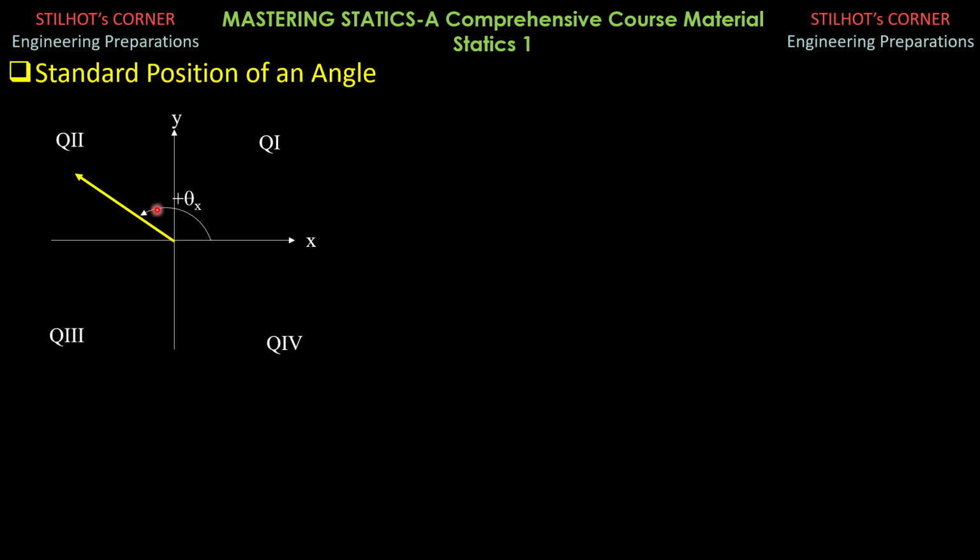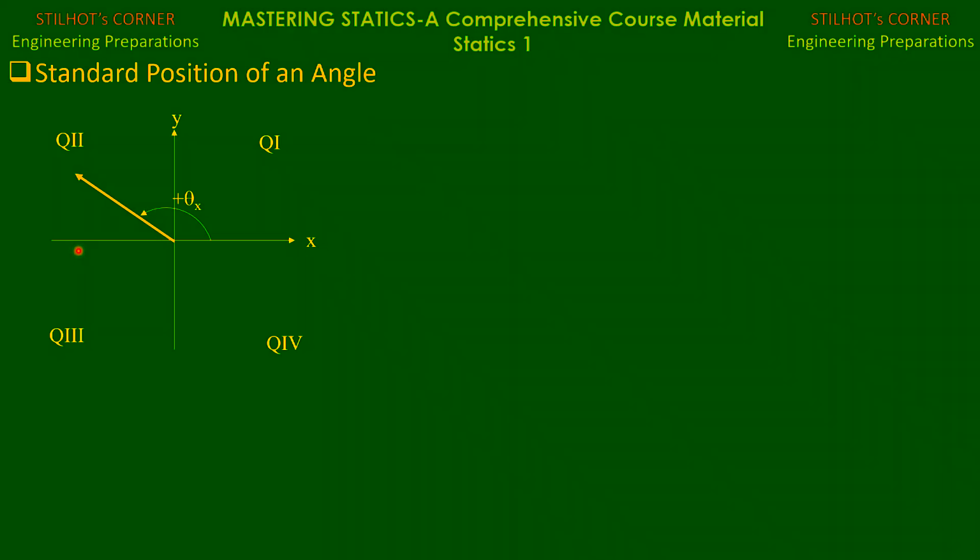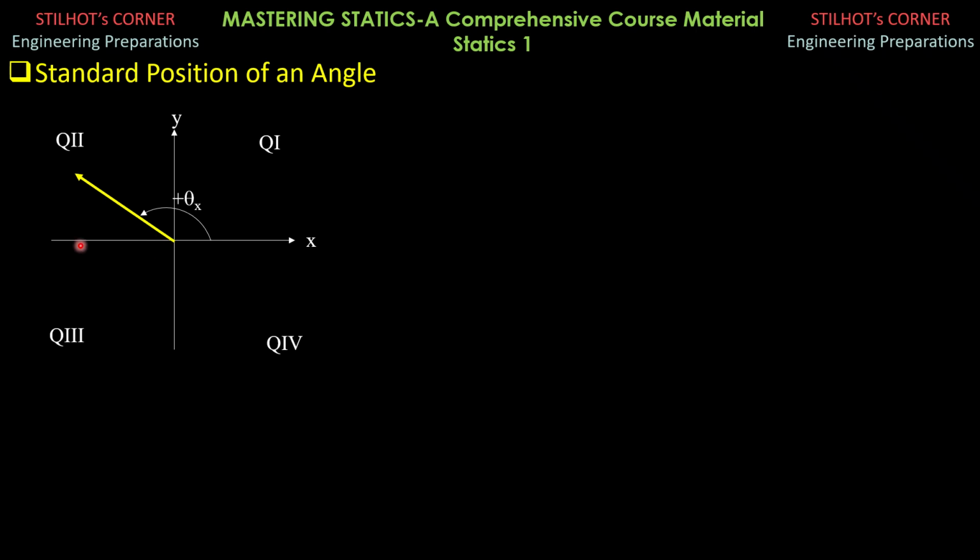This is an obtuse angle if we estimate it, and we always form a right triangle defining cosine theta x as adjacent or x value, which is negative, divided by hypotenuse, which is denoted r here. Sine of theta x is equal to opposite, which is y, divided by hypotenuse. So that's the positive sense of angle, counterclockwise.